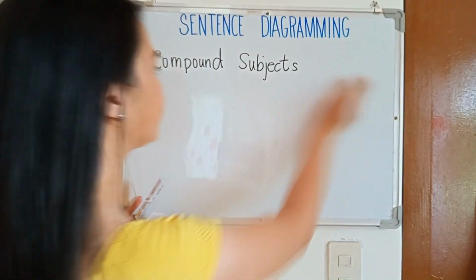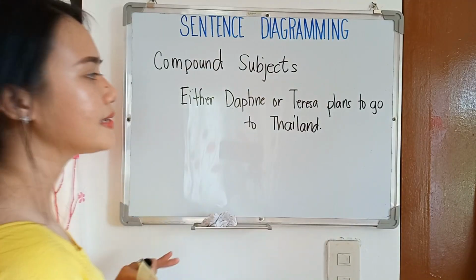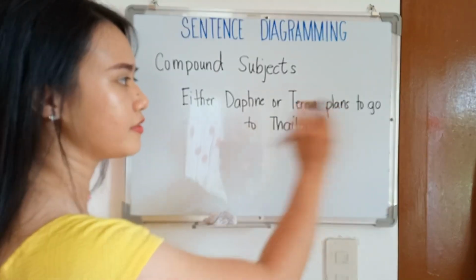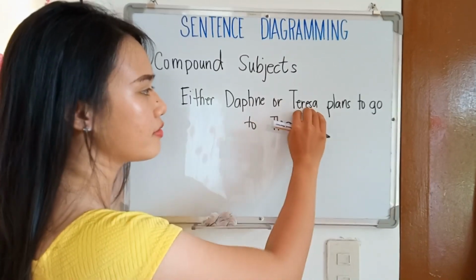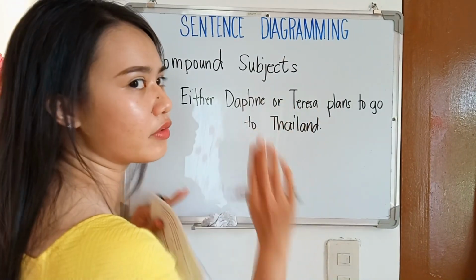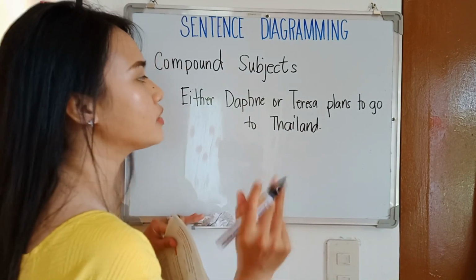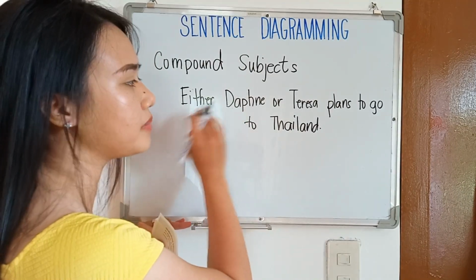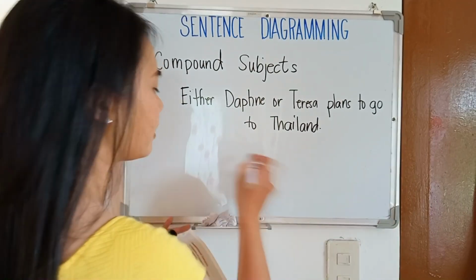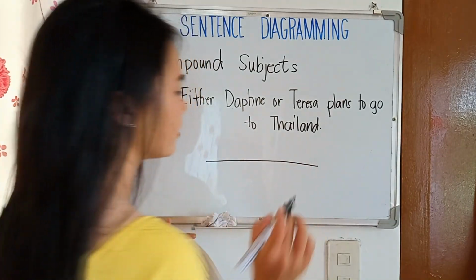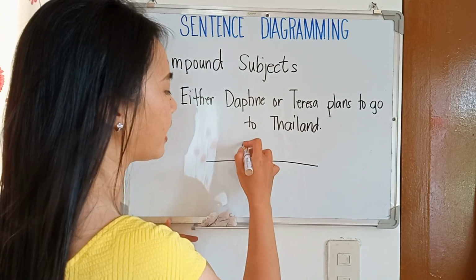Another example is this. In this sentence, either Daphne or Teresa plans to go to Thailand. We have Daphne or Teresa and they are combined using a correlative conjunction, or conjunction that comes in pairs. Either or, both and, neither nor, etc. Okay, first, draw a horizontal line and then a vertical line.